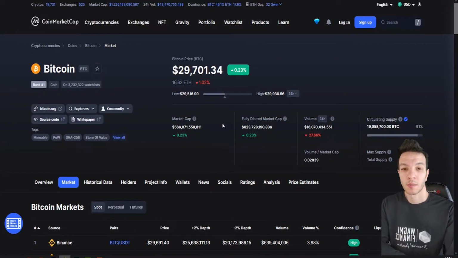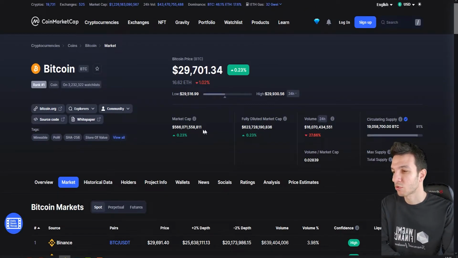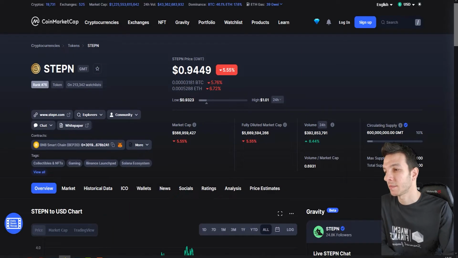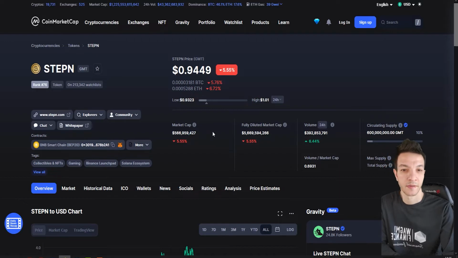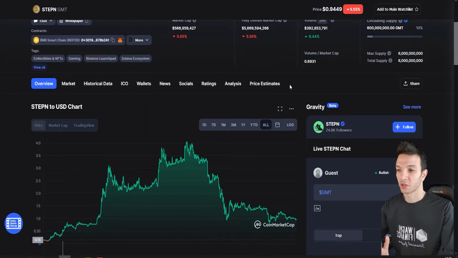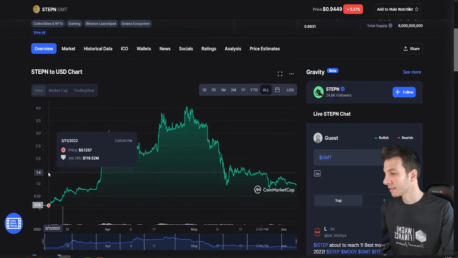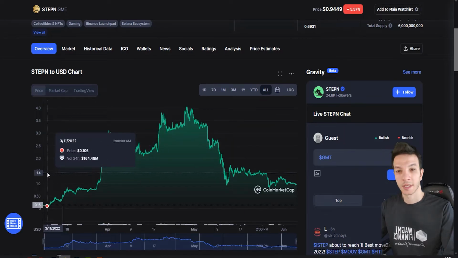So the last thing I want to talk about actually is the market cap of a project. Why is this important? This is very important because when you want to invest in a project, let's take StepIn as an example. The market cap for StepIn is 567 millions. How it works is, if we look at the price here, when it was listed, it was somewhere around 10 cents.